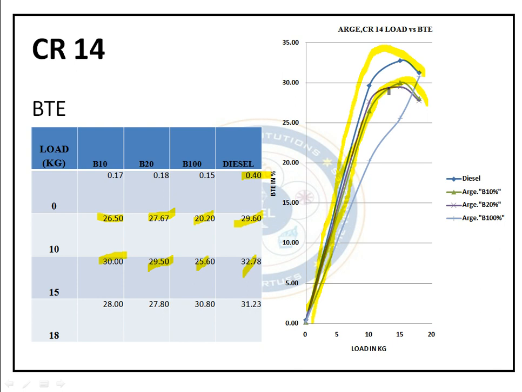In brake thermal efficiency performance, we have the highest power in diesel, but B10 and B20 are less, though not much varied, with only a little bit of difference. For pure Argemone, the difference is quite large.